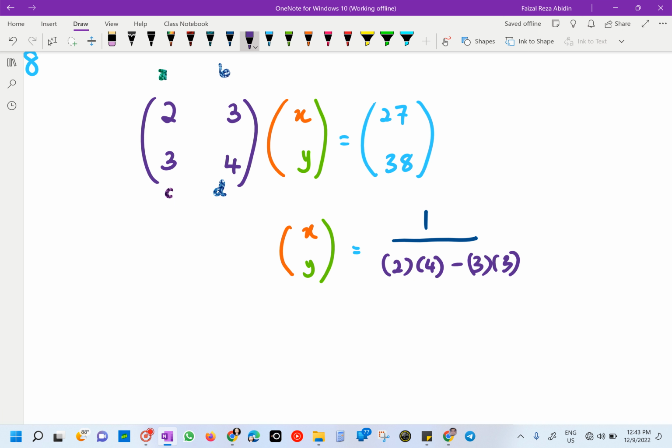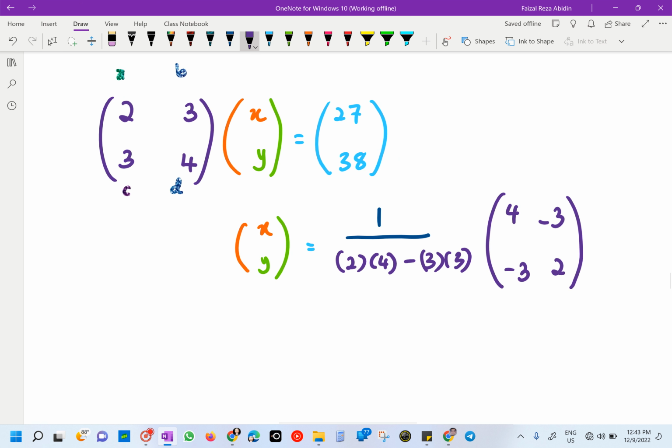And then don't forget our matrix here. A and D change place. For B and C, you change the sign. So over here, 4, negative 3, negative 3, 2.